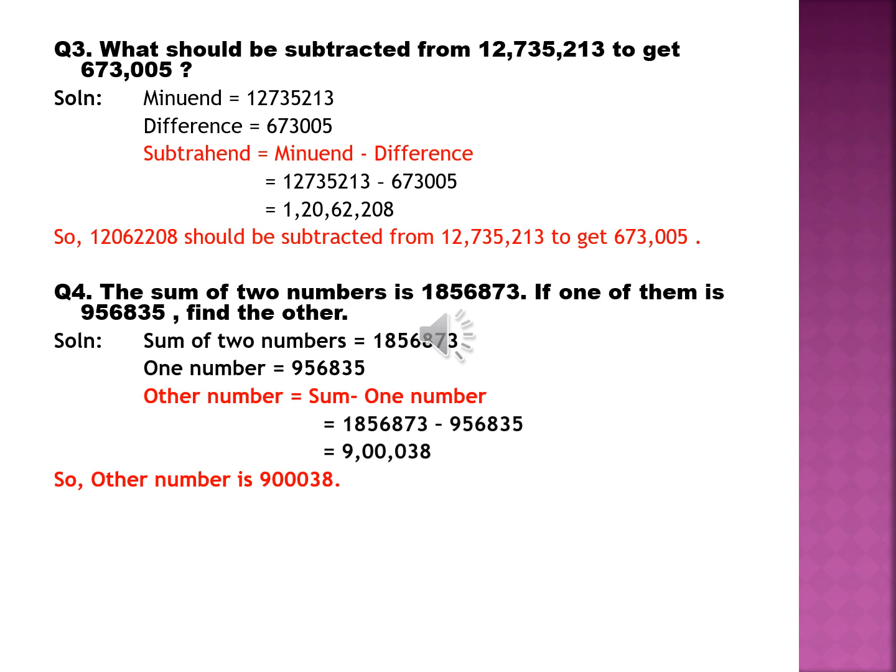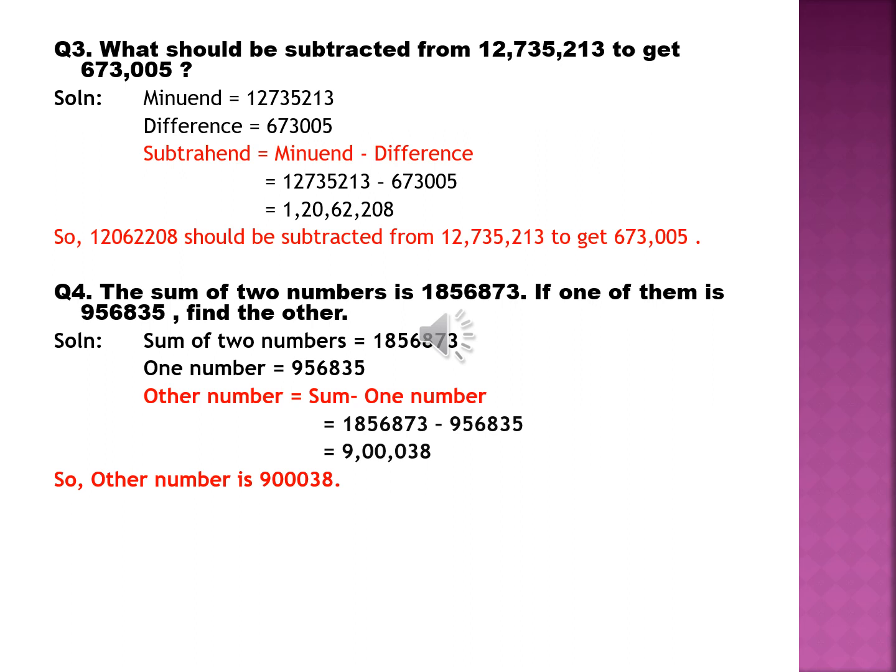So subtrahend is equal to minuend minus difference. So you can subtract and find out the answer, 120,62208. So 120,62208 should be subtracted from 12735,213 to get 673005.